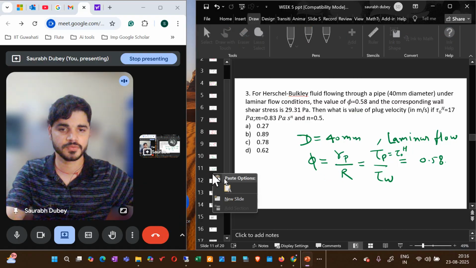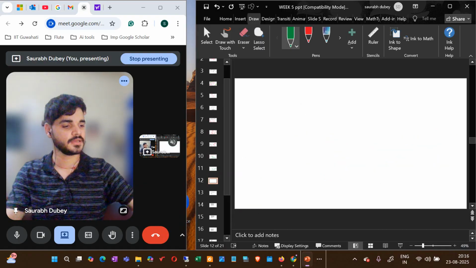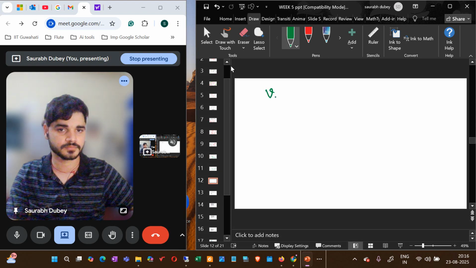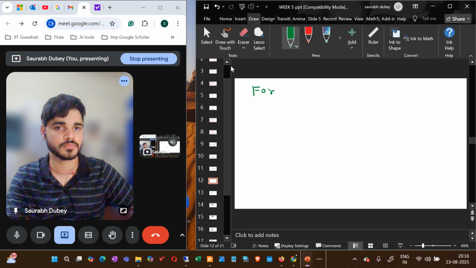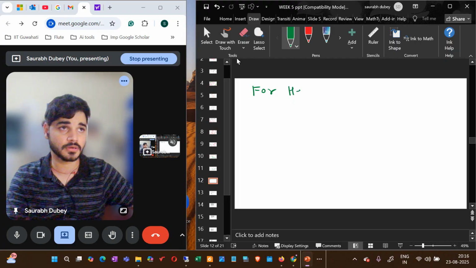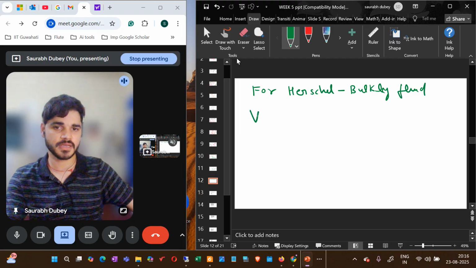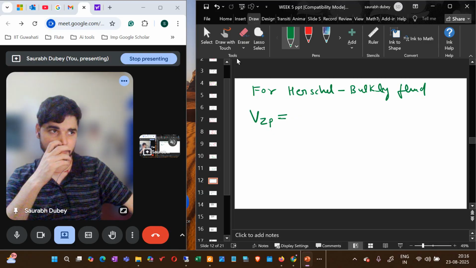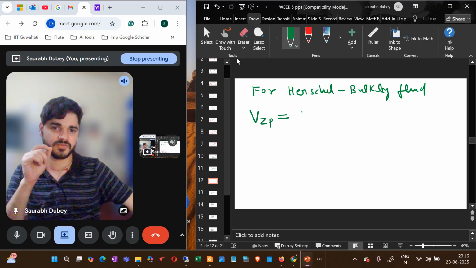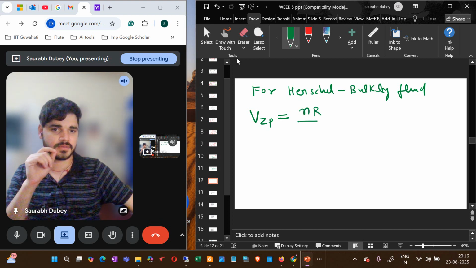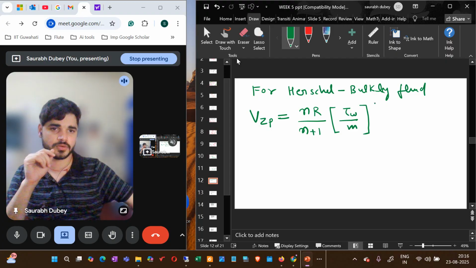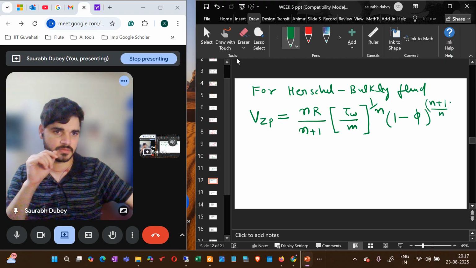Okay. So if you remember, for the Herschel-Bulkley fluid, we have derived that velocity profile. What I'm saying is, for the Herschel-Bulkley fluid, the velocity profile at the plug flow, right, equals m r divided by n plus 1, tau w divided by m to the power 1 by n, into 1 minus psi to the power n plus 1, right?